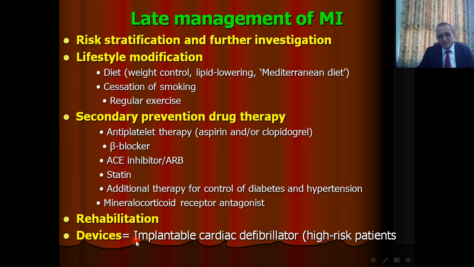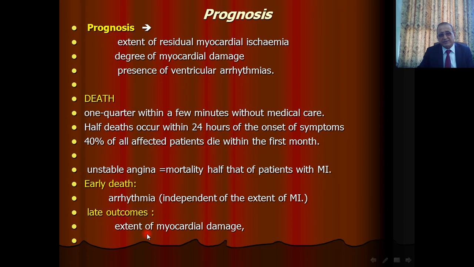The last topic, I know it was a bit difficult, is prognosis, because the patient has the right to ask you, what is the prognosis of my disease? You can prognosticate him according to the residual myocardial ischemia, according to the degree of myocardial damage, according to the presence of ventricular arrhythmias. Why?